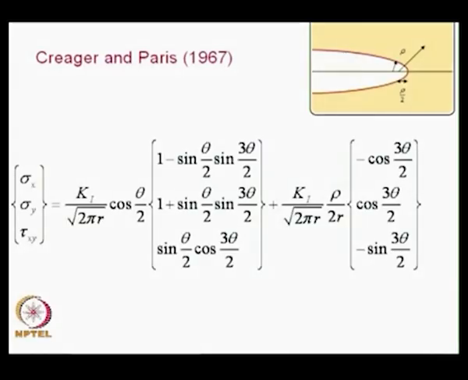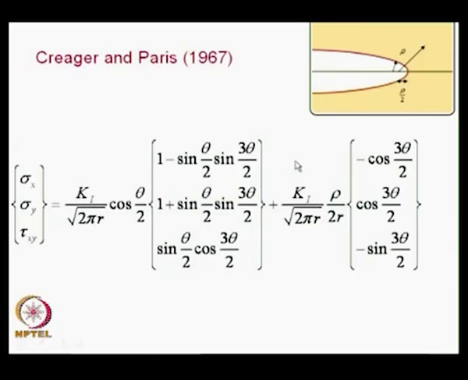And when you look at the Krieger solution, what they have done is they have considered this as a root radius rho, and the crack tip is taken as a distance rho by 2 from the edge of the crack. This is how the measurements are done. So, if I have to find out what happens at the crack tip, I have to substitute the value of rho by 2.